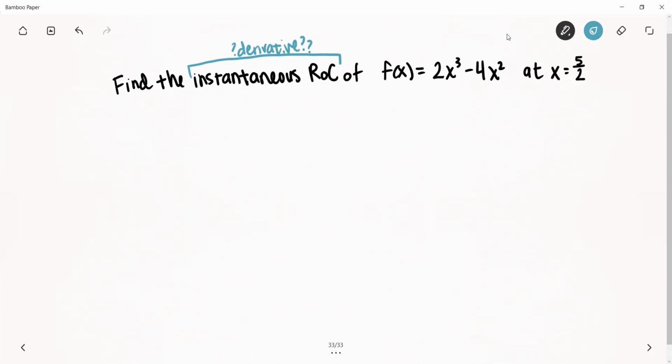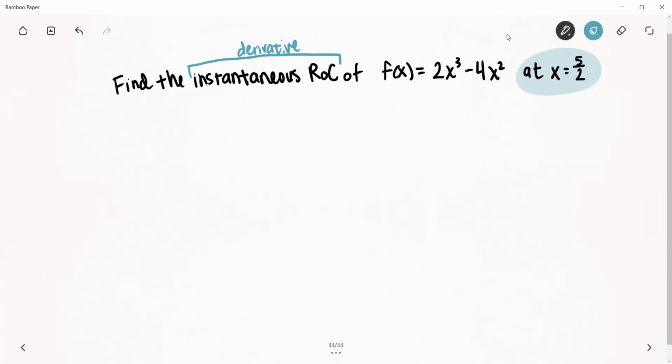How do I know? Well, just the wording of instantaneous rate of change is hinting that I probably want a specific answer, not a general answer. And if I keep reading, I see that they did give me a specific location. So I know that, yes, I'm going to take my derivative, but I'm not going to be done.